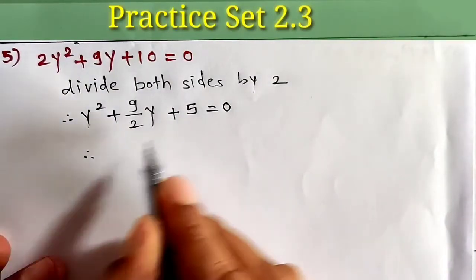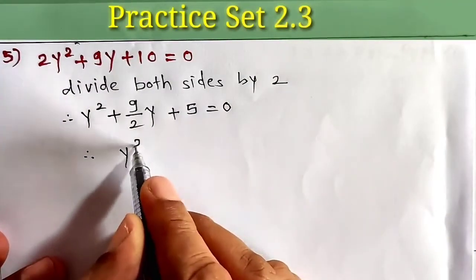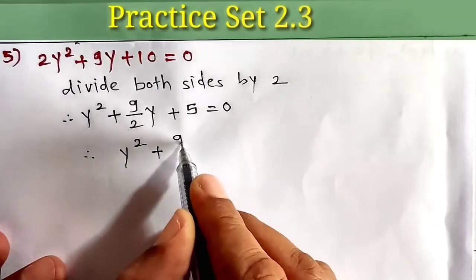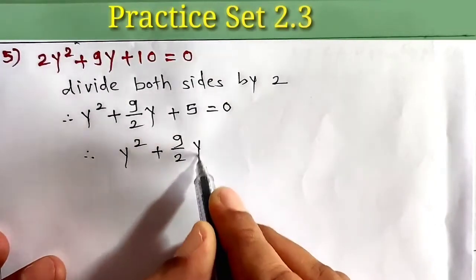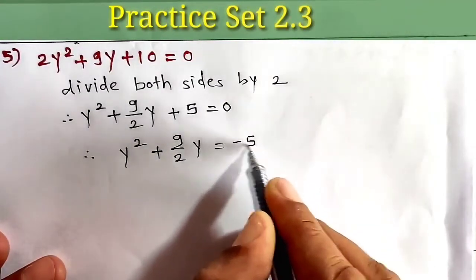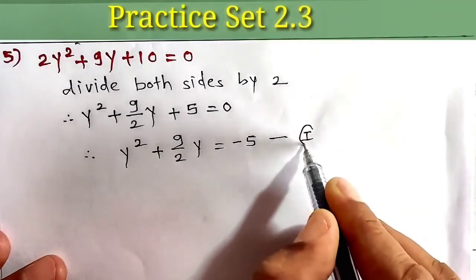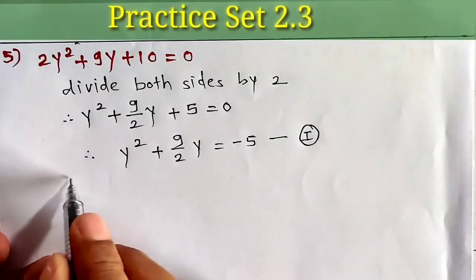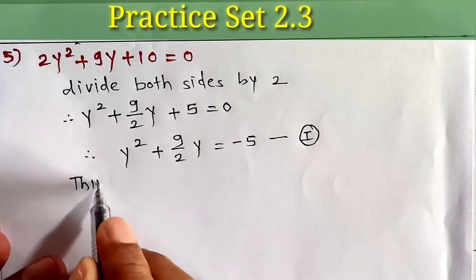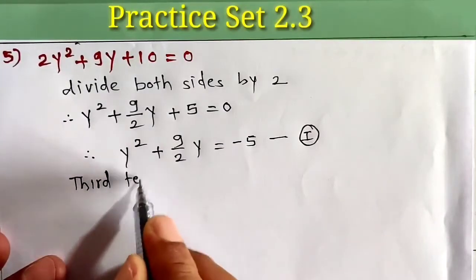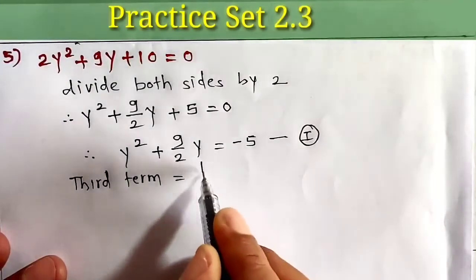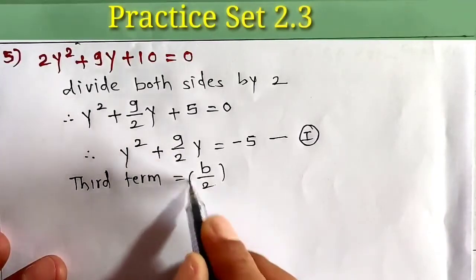Now write the constant term to the right hand side. We get y square plus 9 upon 2 y is equal to minus 5. This is our equation number 1. Now find the third term. You get the idea how to solve: B upon 2, bracket square.